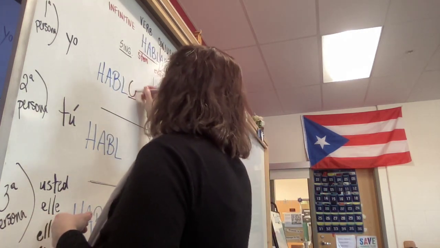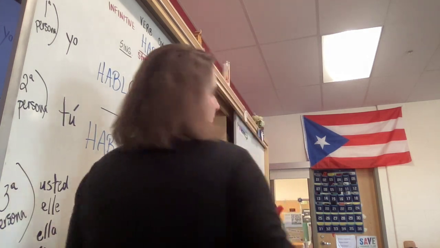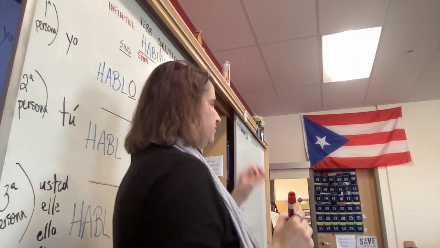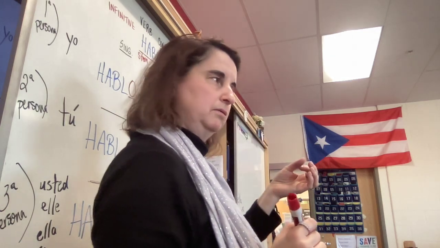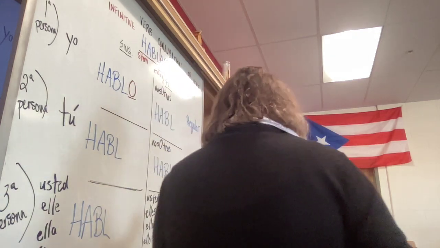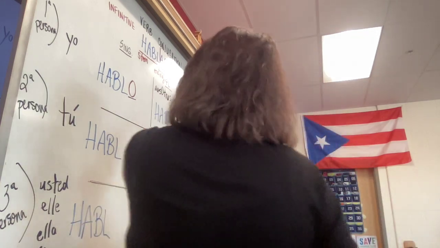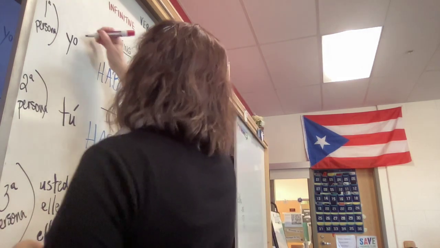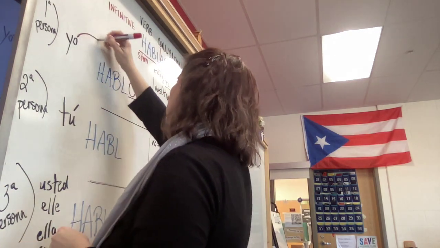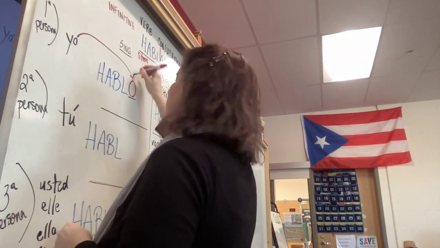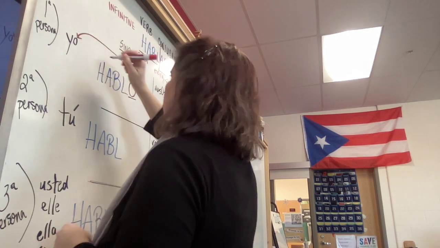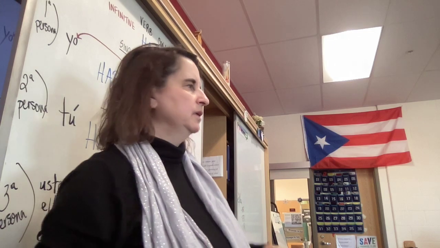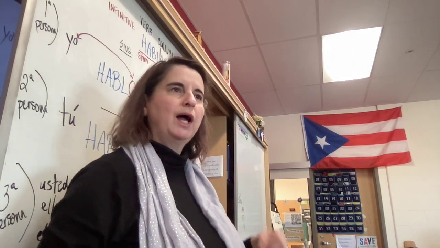It always has an O. Almost always at the end. There's a few times when we have estoy and doy, right? Those are the few exceptions. All the others, it ends with an O. We're going to draw an arrow from the O of yo to the O on the end of the verb and make two ends on the arrow. They always rhyme. They always match. Yo hablo.